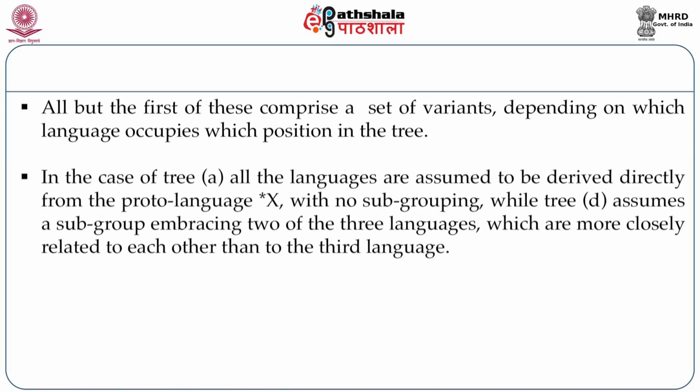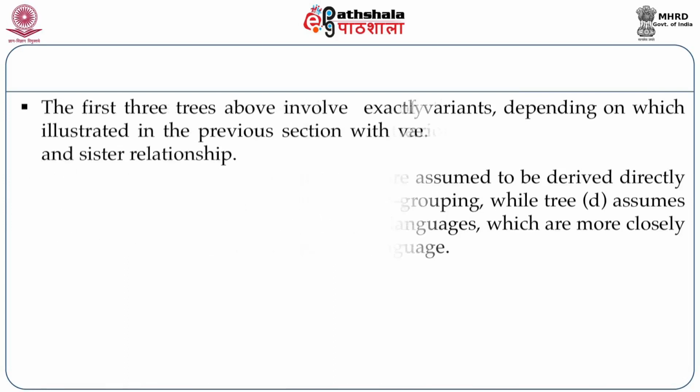In the case of tree A, all the languages are assumed to be derived directly from the proto-language X with no subgrouping, while tree D assumes a subgroup embracing 2 of the 3 languages which are more closely related to each other than to the third language.